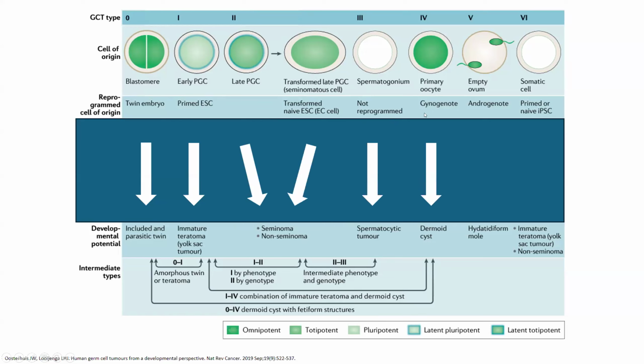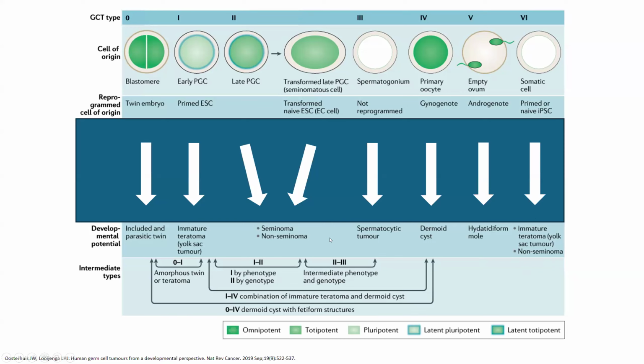The primary oocyte turns into the gynogenote, and that gives you a dermoid. Same thing for empty ovum, gives you a hydatid mole, and then from a somatic cell, you have an immature teratoma, yolk sac tumor, or non-seminoma.